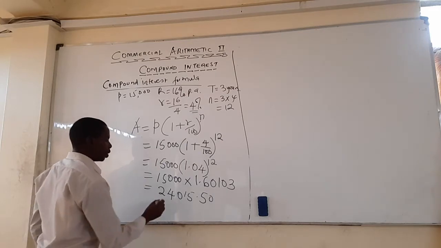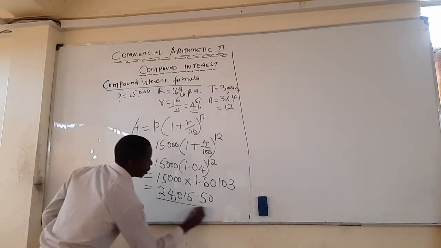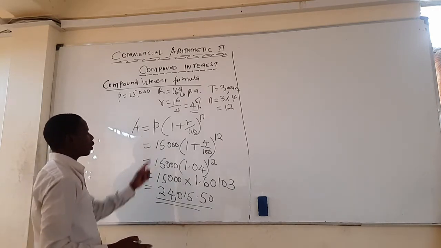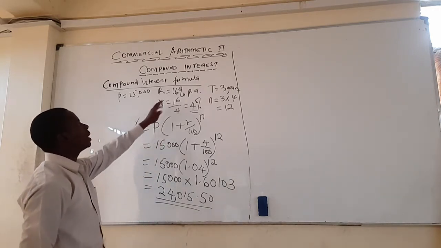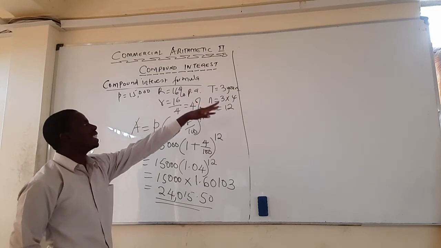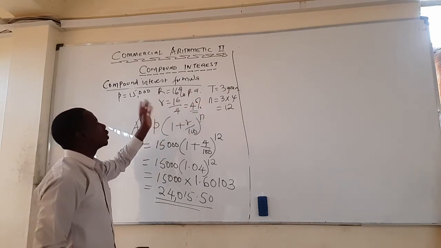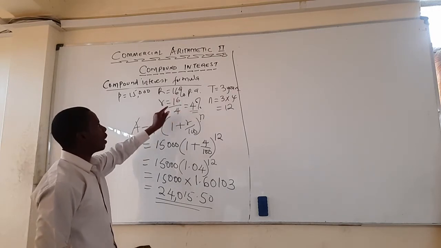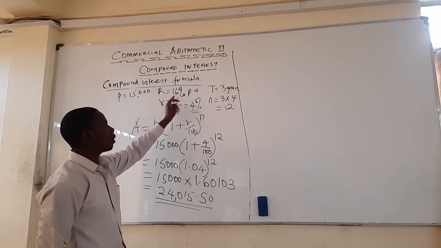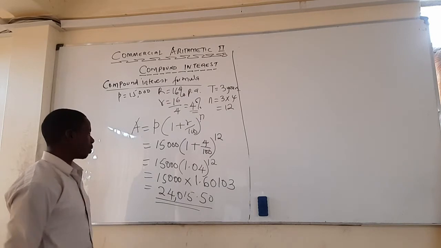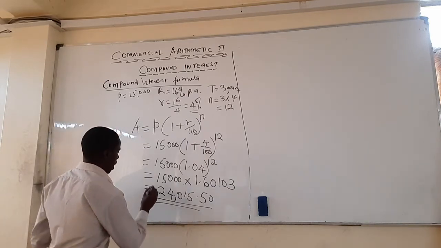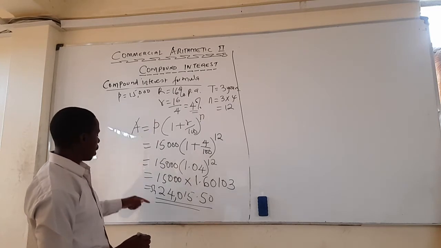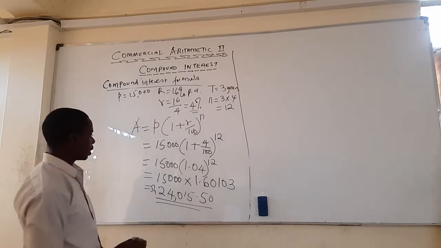That's the approximate value there. That's the amount that we are going to get from 15,000 at 16% per annum for 3 years, compounded quarterly, meaning in every year we are going to have 4 periods or 4 quarters. That's the amount we are going to get after the 3 years.